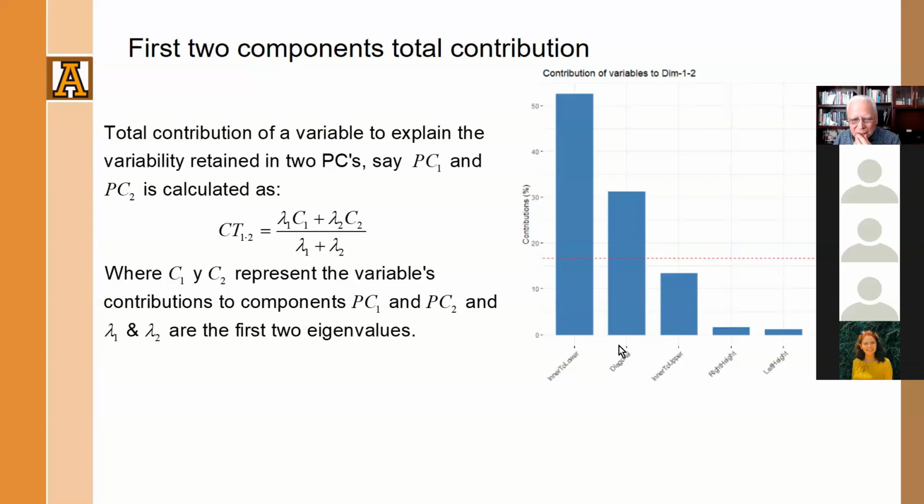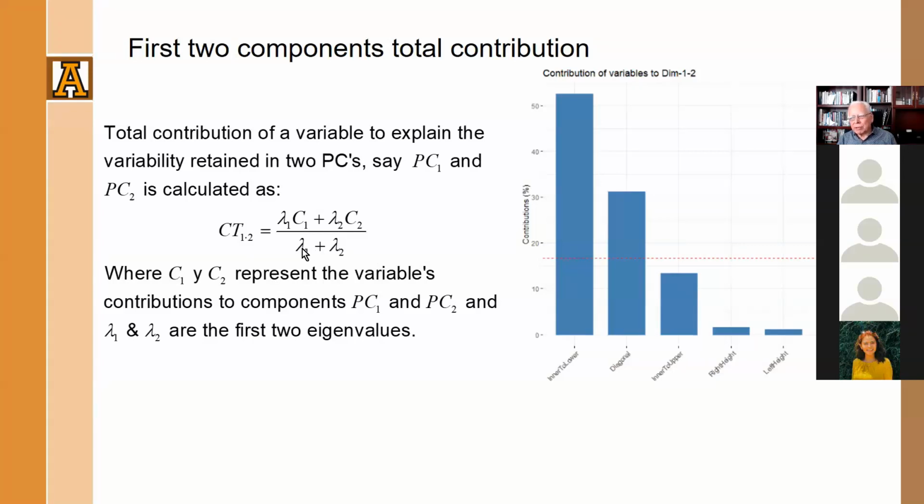Now, the way that you compute this: if you want to measure the contribution of the different variables to the first 2 components, you just multiply the first eigenvalue for principal component number 1, plus the second eigenvalue, divided by the sum of the eigenvalues.